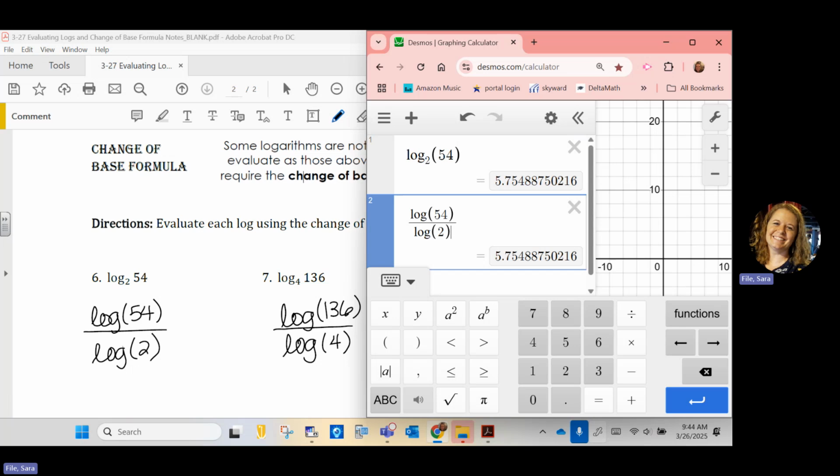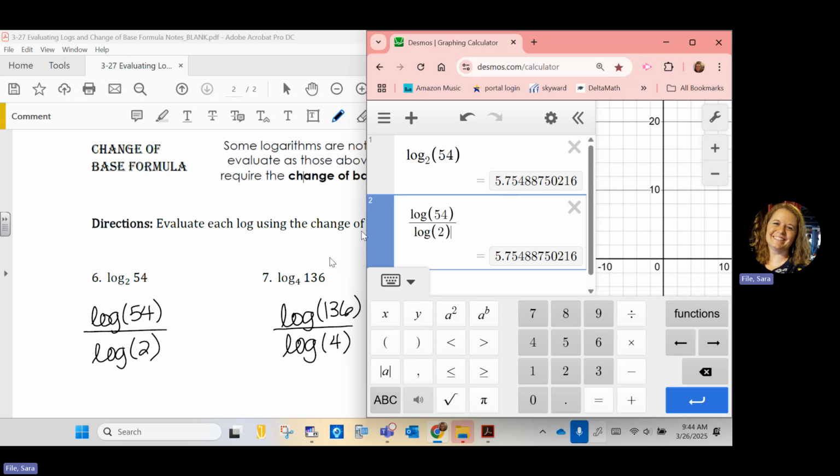And you can see those are the same. So whether you type it in with the base value or as a common log using change of base, either one gets you the same answer. Does everybody understand that?